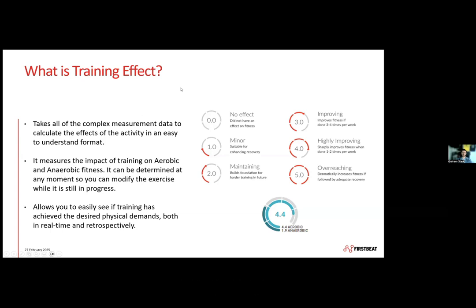That's some of the feedback we've had from numerous clients over the years, that it's really easy for communicating with players because it is just that 0 to 5. It's a nice, easy way to communicate how difficult the session was, because that can be quite hard to answer from some of the other variables, particularly the time-based ones that will just accumulate regardless of whether you're actually doing anything, to an extent.